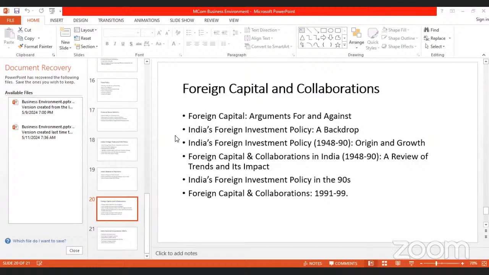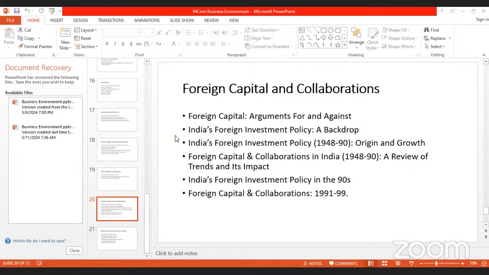Next is the impact of these collaborations. The first impact was technology and skill development. Collaboration led to the transfer of technology and skill, particularly in high-tech industries. Then there was industrial growth. Foreign capital contributed to the growth of key industries, improving their competitiveness and efficiency.